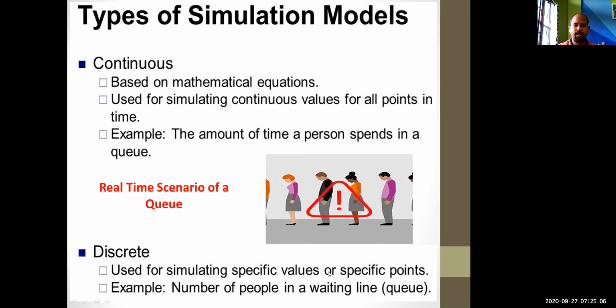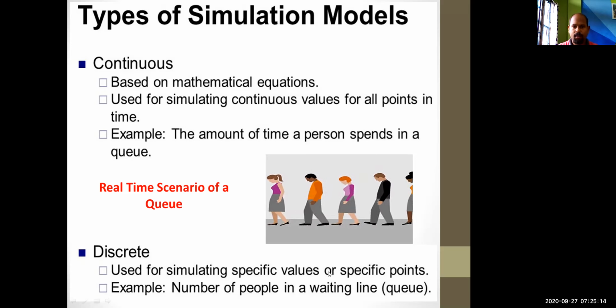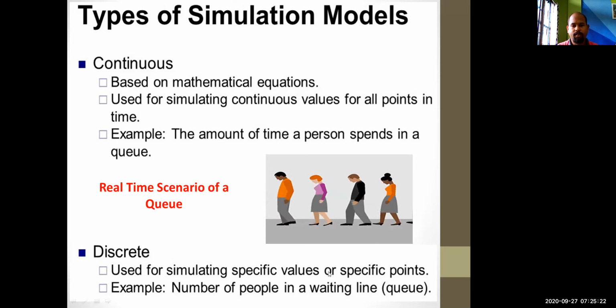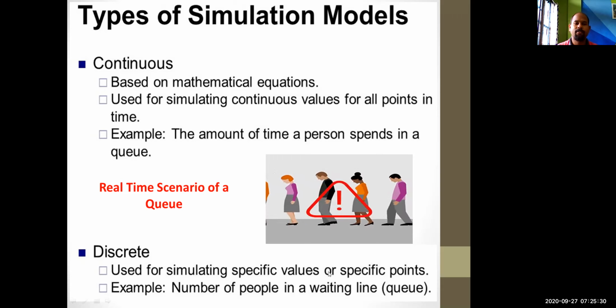Because in the waiting line, there may be 2 people standing at a point of time. Just after that, there may be 10 people waiting in the queue. So it's a random event, it's a real-life event, and the number of people in the waiting queue is a discrete phenomenon, a discrete event, and it will not be fixed.